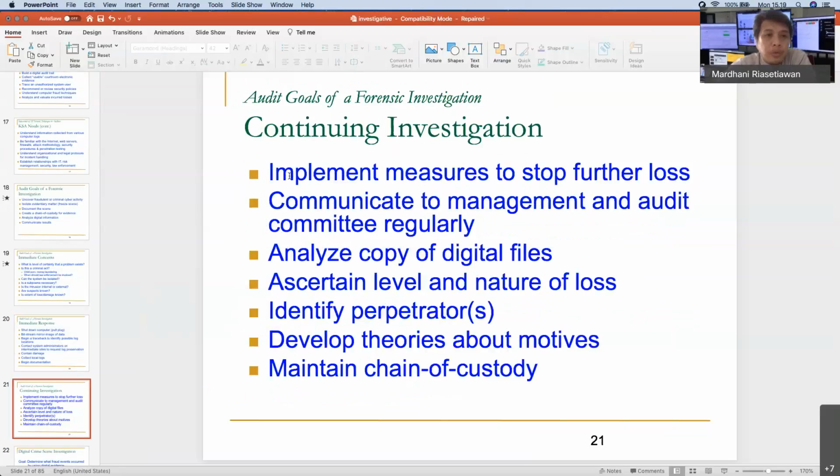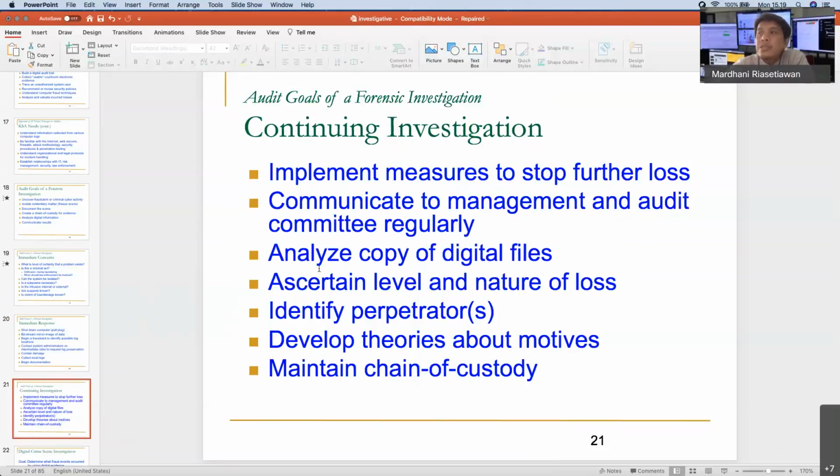So we try to avoid the information system suffering more loss than before after we get the attack. And then we immediately communicate to management and the audit committee to acknowledge the situation.